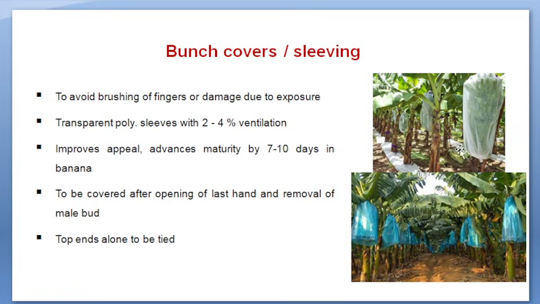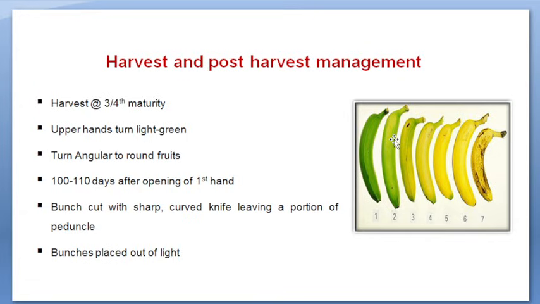Here you can see how they do the bunch covering. In commercial orchards, mainly perforated plastic sheet covers or nets we can use for covering. Next is harvesting, and after harvesting, post harvest management.